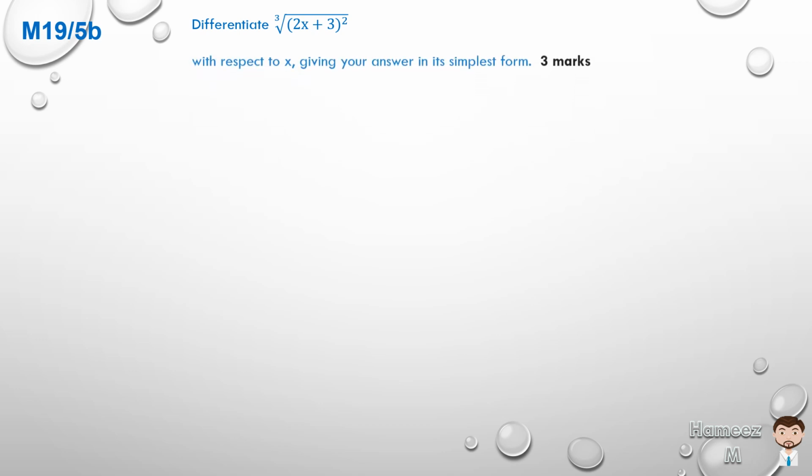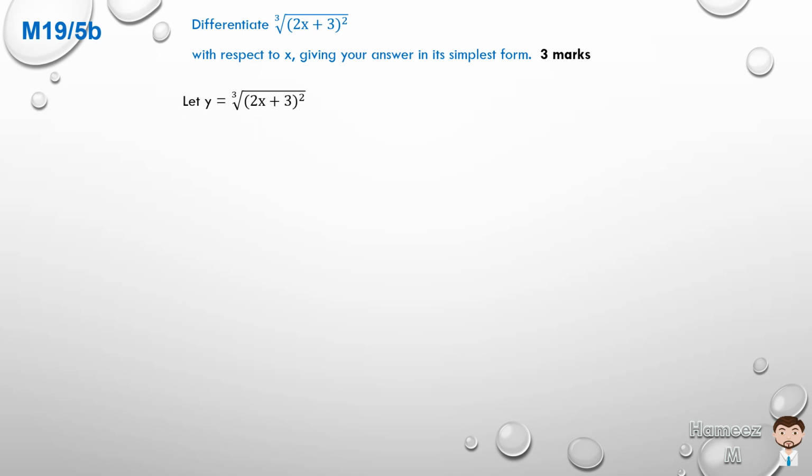May 2019, number 5b, differentiate the cubic root of 2x plus 3 squared with respect to x, giving your answer in its simplest form. So let y is equal to the cubic root of 2x plus 3 squared. Let's use a substitution where u is equal to the brackets, 2x plus 3, so du dx is equal to 2.